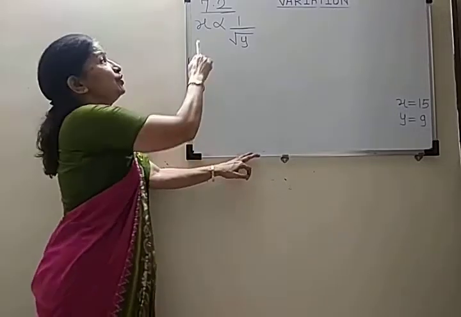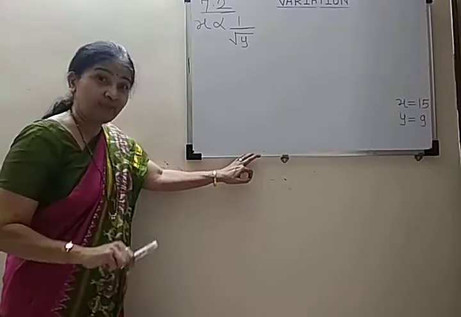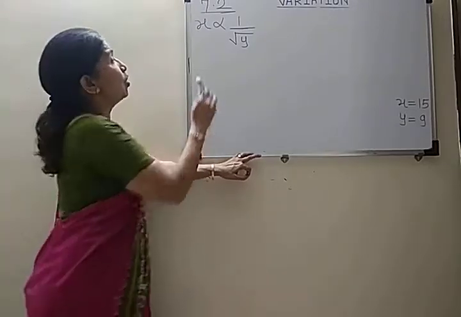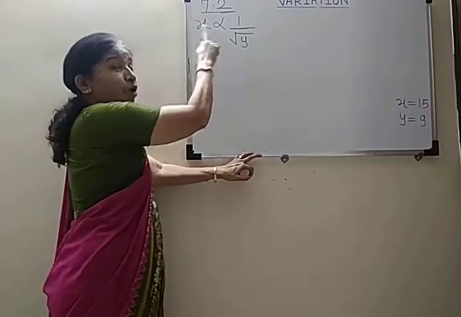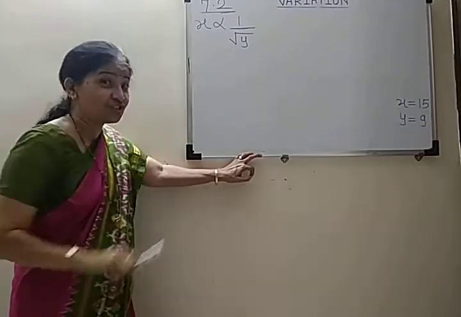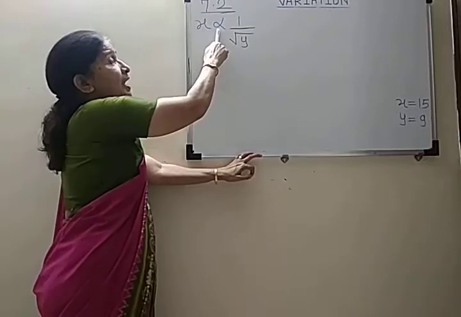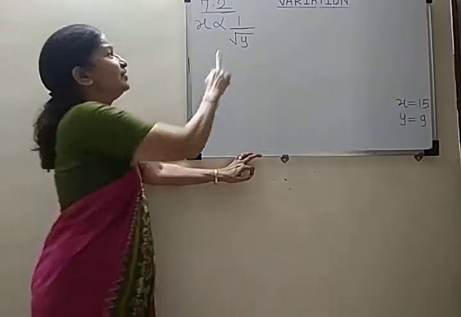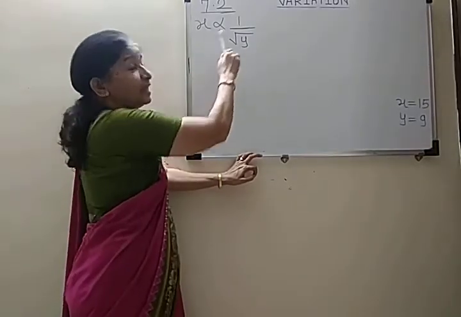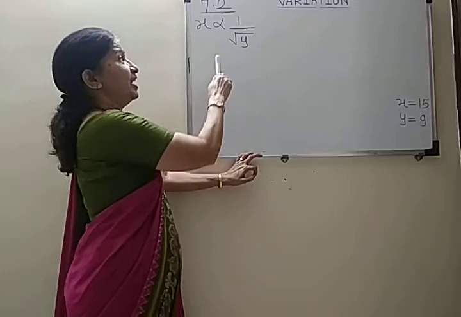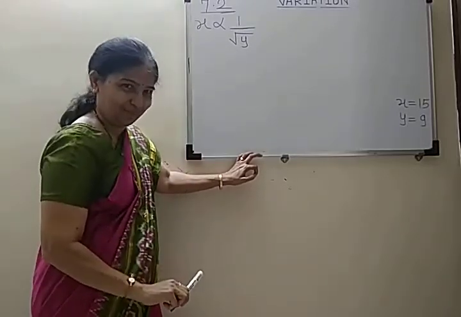Now see, x inversely varies as root y. So, for the second step, this symbol is that of variation, alpha. For the second step, I will use the equal sign. That time, I know for inverse variation that multiplication is constant.